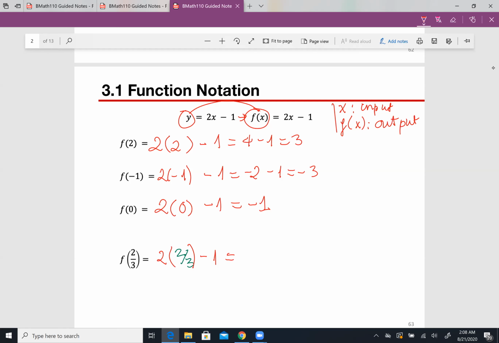Now 2 times 2/3 will be 4/3, and I change the number 1 here to 3/3 to make it the same denominator, so I can do subtraction between the fractions. In order to do that, I just take the top, 4 minus 3 equals 1, and keep the bottom as 3. So the answer has to be 1/3. Okay, so let me move to the next page.